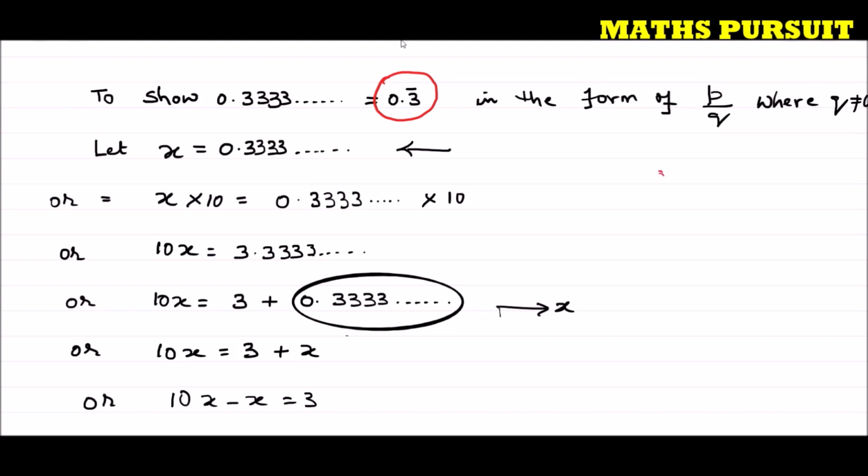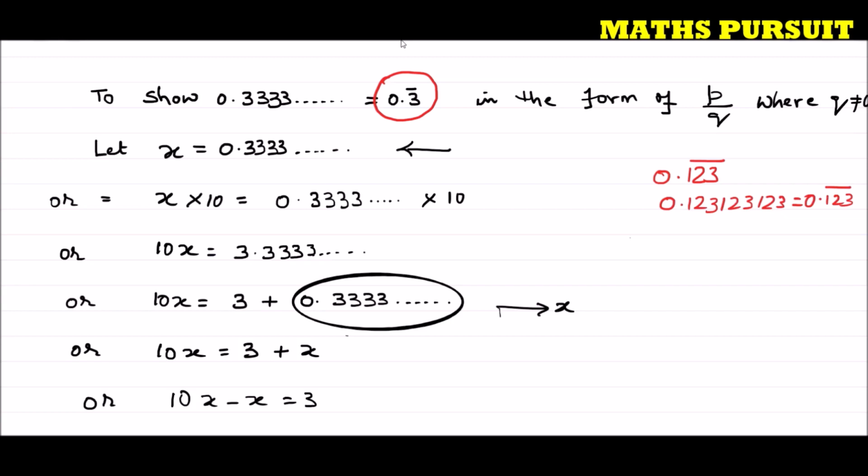If this would have been like this, 0.123 and a bar is there, then this number would have been repeated like this, 0.123, 123, 123, which can be written as 0.123 bar.